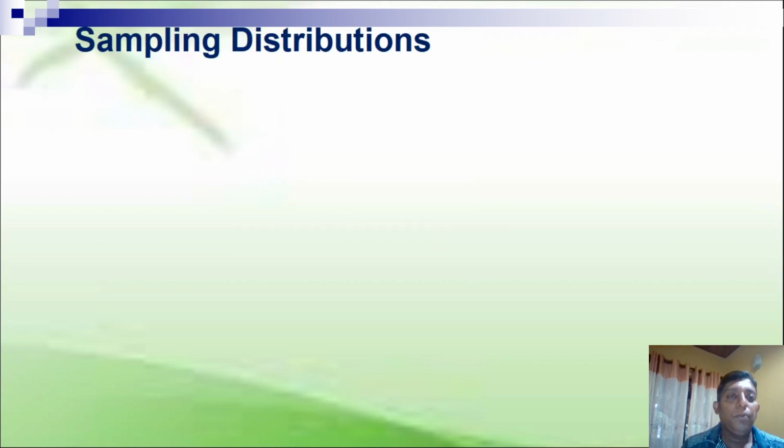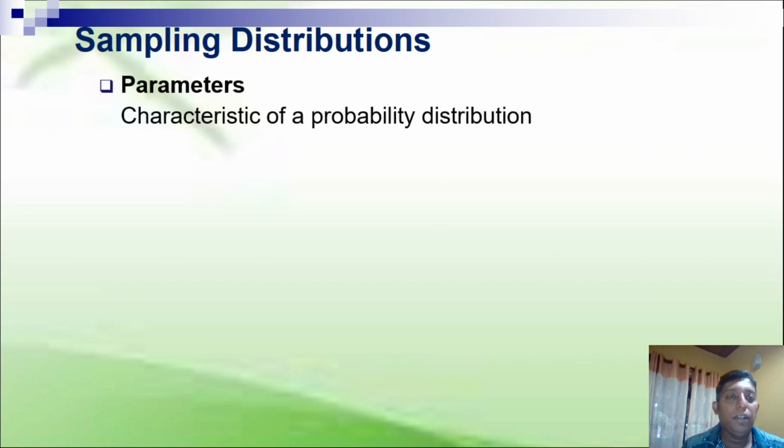Now before moving to the sampling distributions, you should have an idea about what is meant by parameter and statistic. As we mentioned already, a parameter is a characteristic of a population.